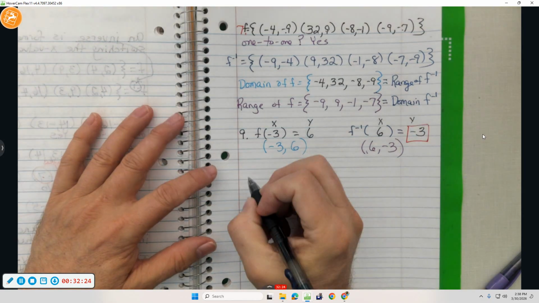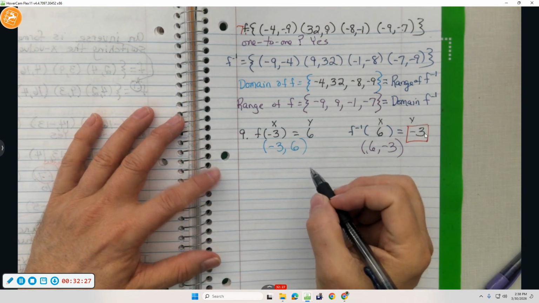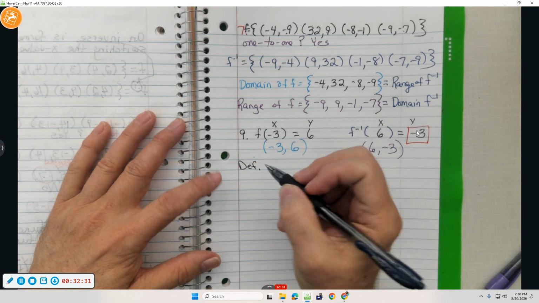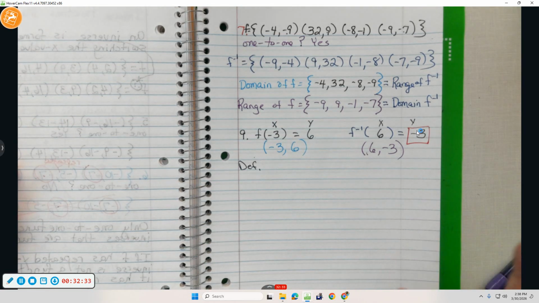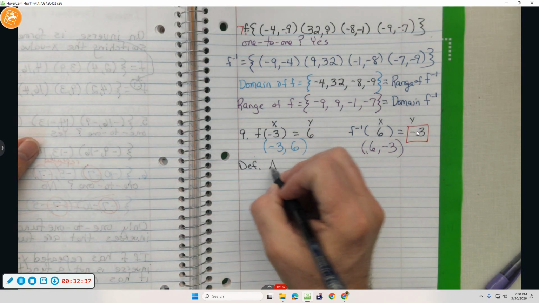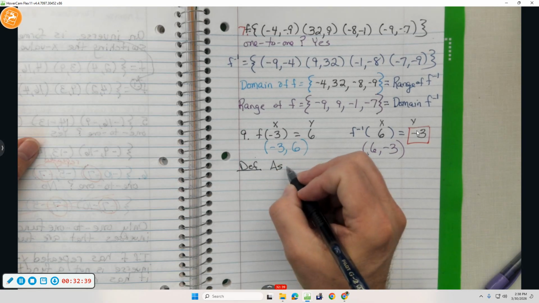We need to look at the formal definition of the inverse function. Because what did I say? Switch the x and y. That's not a very formal algebraic definition, okay? Let's assume that this is the definition.